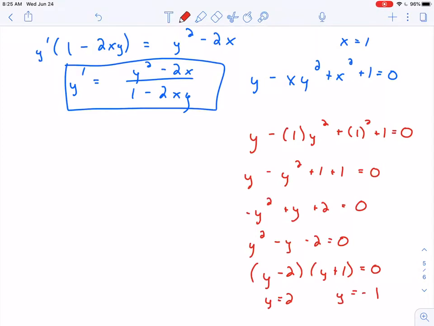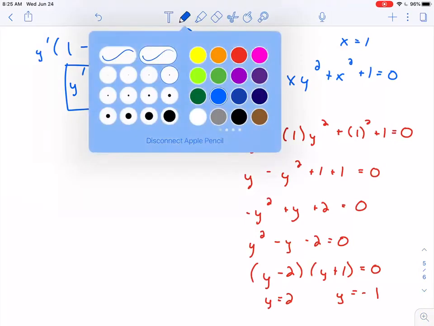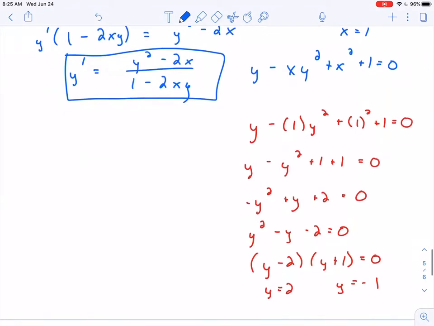So I do have multiple points, which means I'm going to have multiple tangent lines. This means that I have a point at (1, 2), and I have a point at (1, negative 1), because my x value is always 1, it's just my y value that's changing.